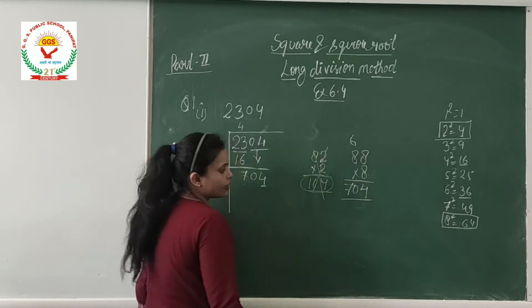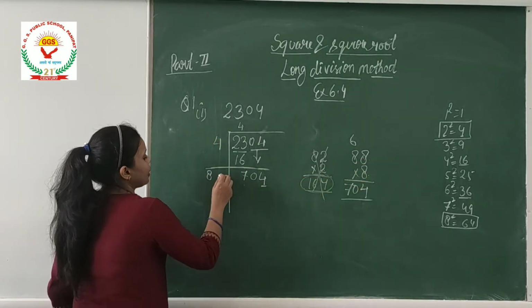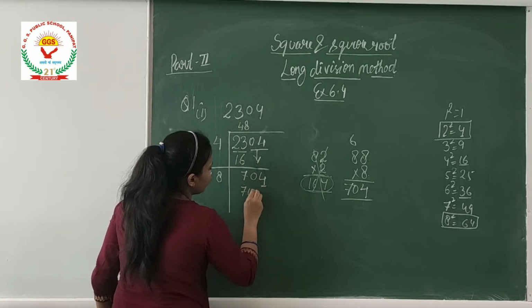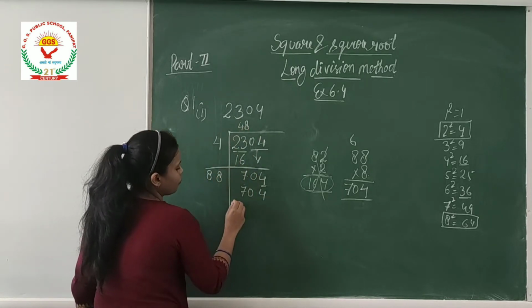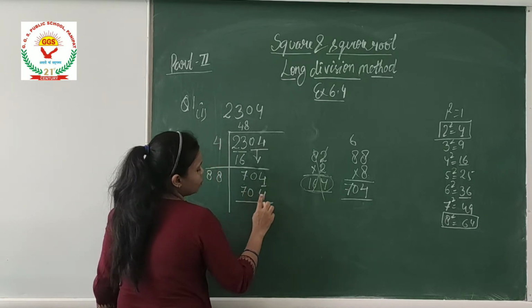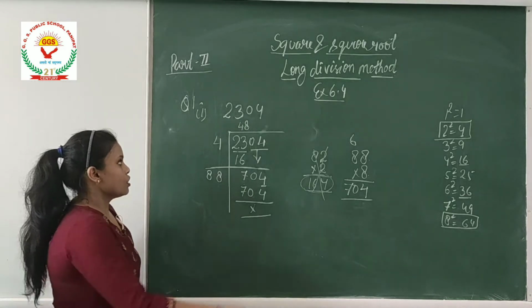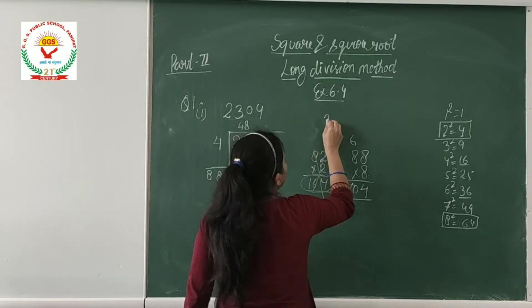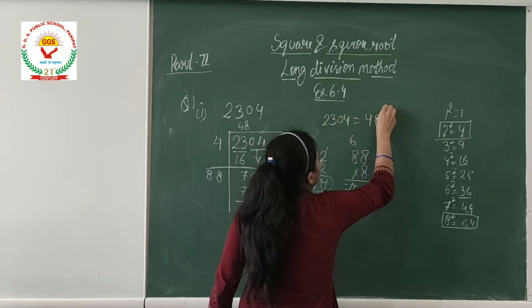So now we get the answer, that is 8. We will write 8 here and 8 here. 704. That means 8 multiplied by 88 is 704. On subtracting, we get 0. So 2304 is the square of 48.